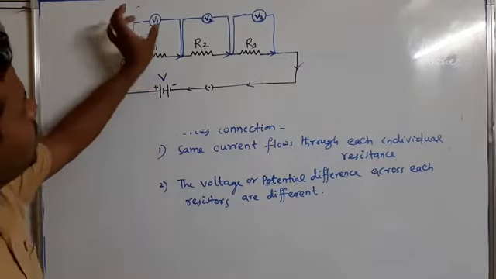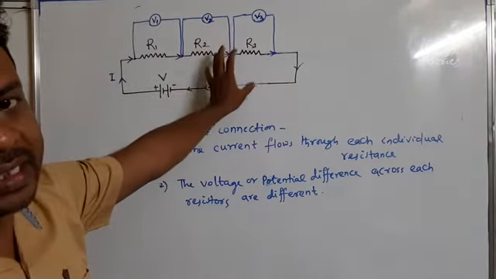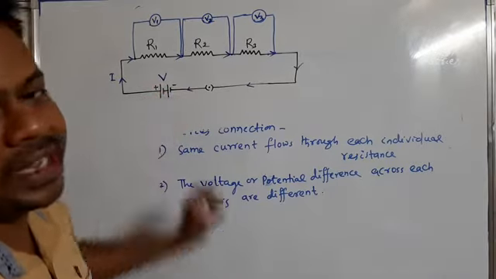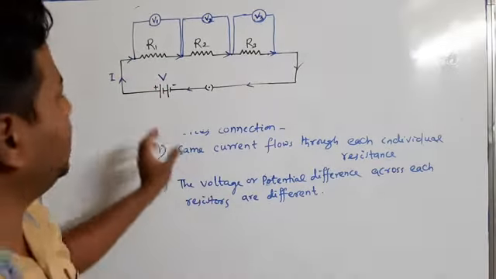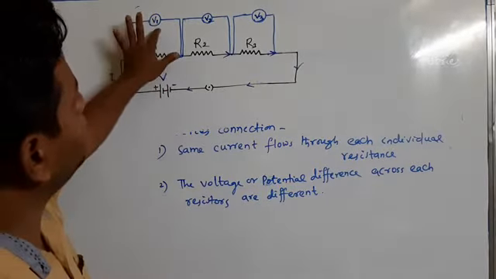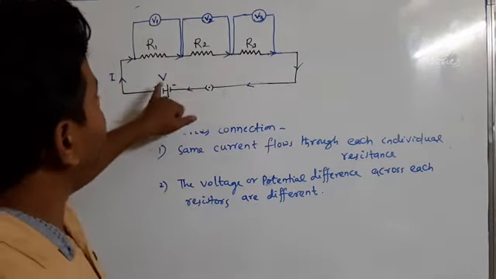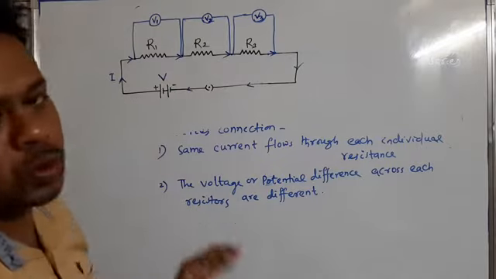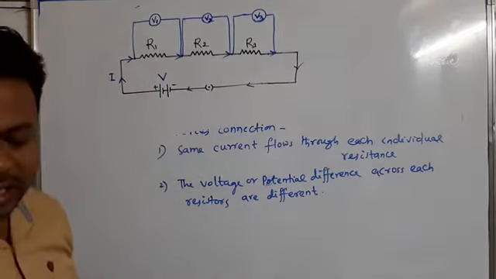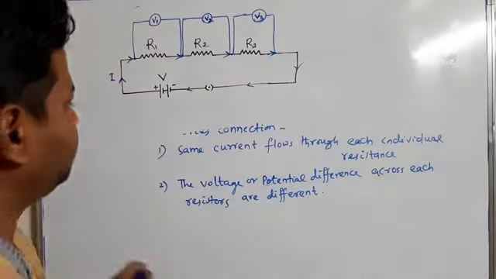The sum of the individual potential differences across all resistors will give the total voltage of the battery or cell present in the circuit. So I can say V1 plus V2 plus V3 will be equal to V. These two things we have to remember before deriving this formula.